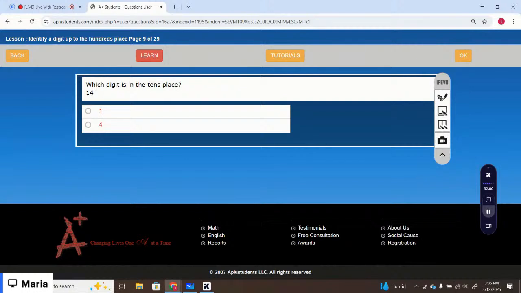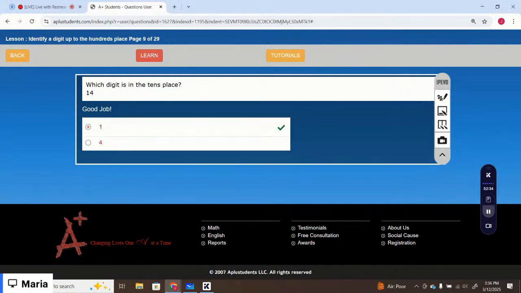Which digit is in the tens place? The correct option is 1, which is at the tens place. Option number 1 is the correct option.